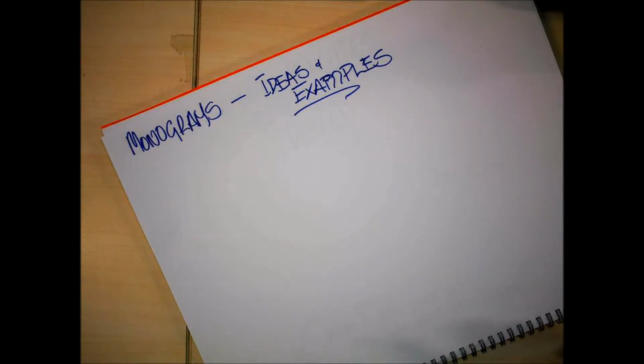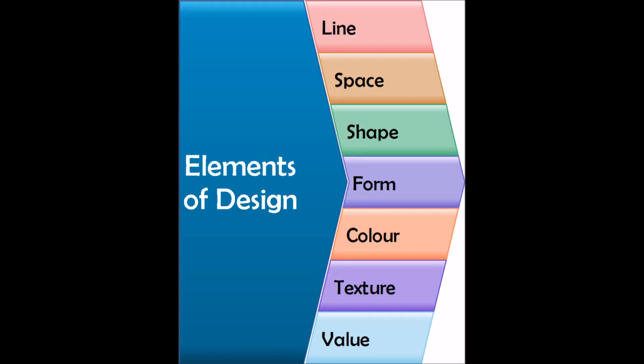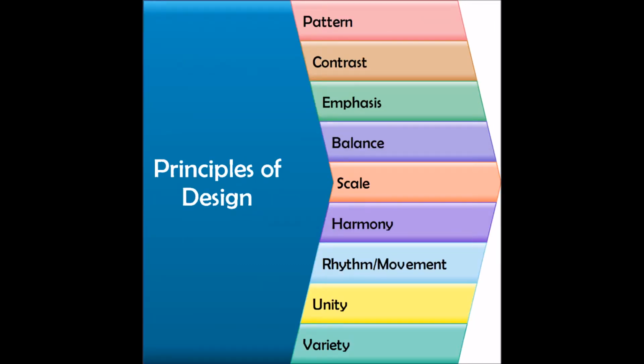Just short annotated notes around those examples that you put down on the paper. Here's a reminder of the elements of design. So these are the things you need to talk about, and the principles of design. This is the language that I want to see you use throughout your analysis and reflection.